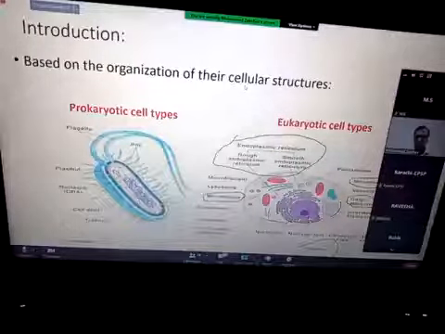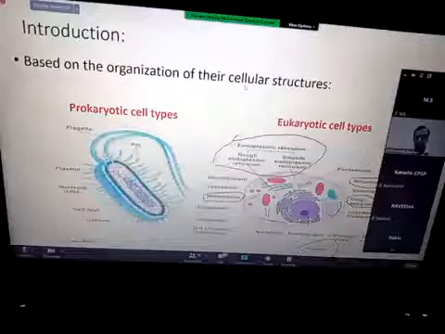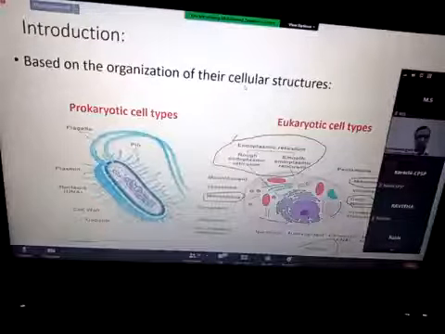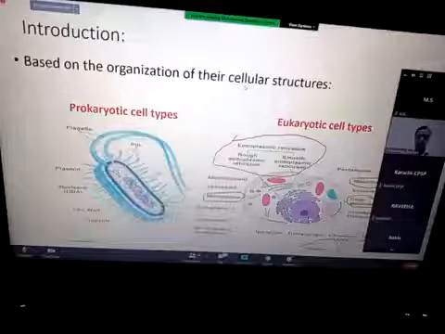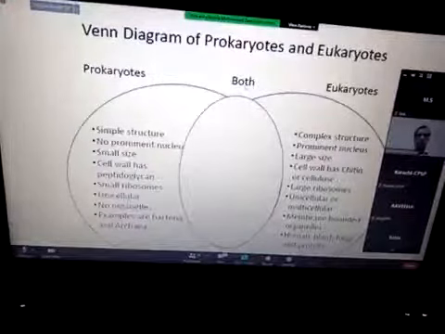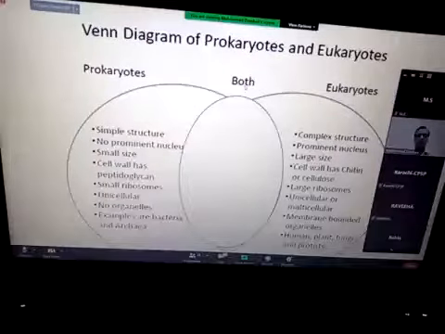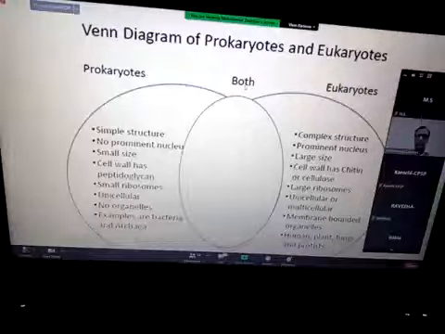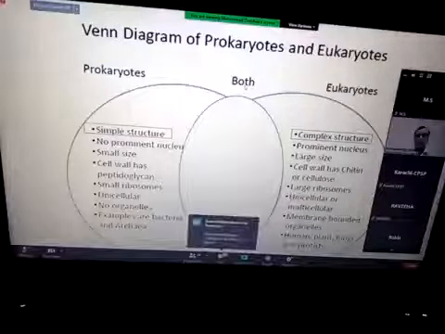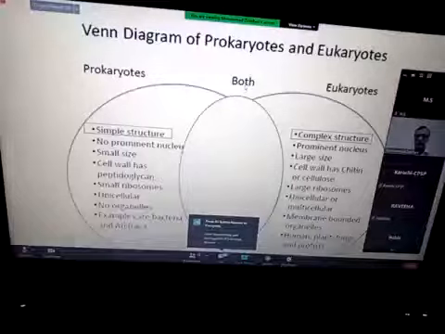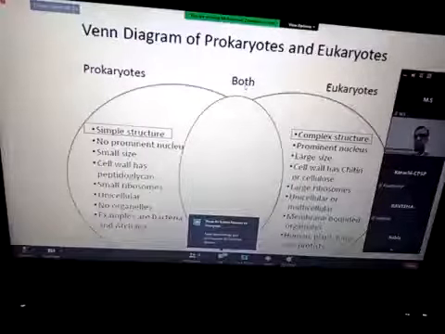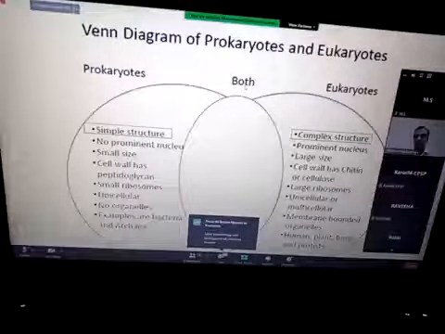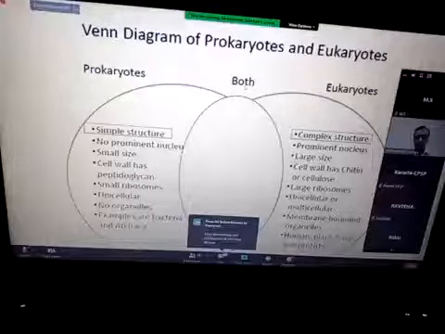So in comparison, prokaryotes are underdeveloped. If we go through the structure to structure comparison, in prokaryotes the structure is simple, as we know and as we discussed for the prokaryotic cell. In comparison, the eukaryotic structure is a little bit complex.